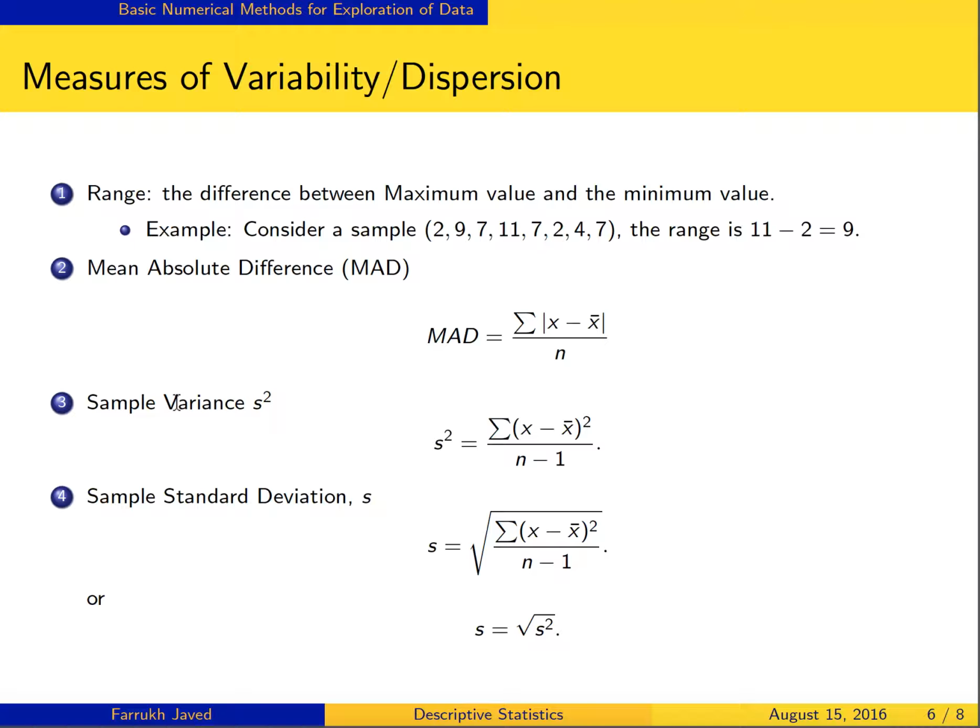The third measure is sample variance, which is very popular in statistical analysis. Sample variance is not that different from the mean absolute difference. The only difference is we take the square of the values. We don't take the modulus to make them positive, rather we take the square. That's why we call sample variance the squared difference from the mean.